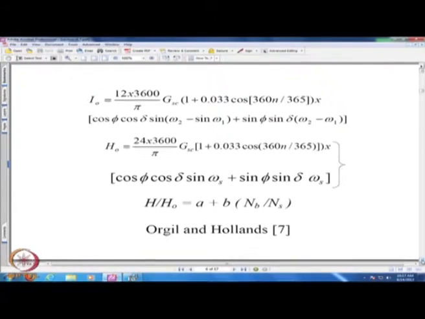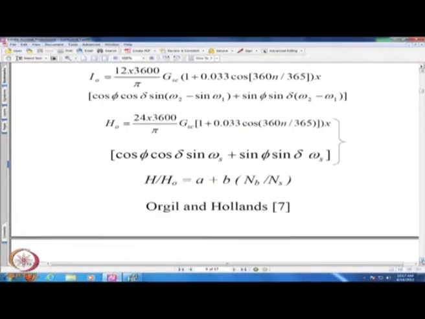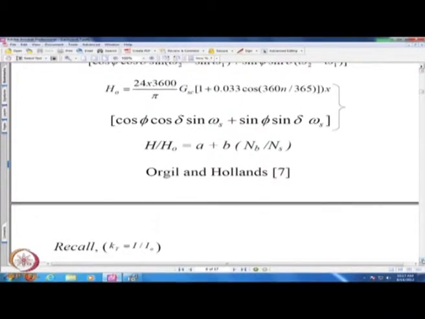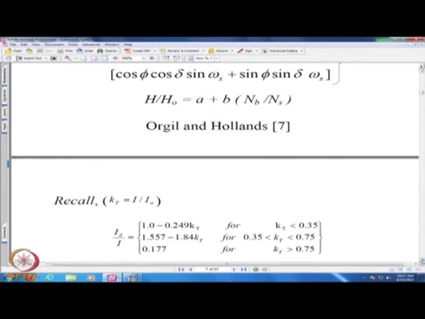The N B, the bright number of sunshine hours, is measured by what we discussed in detail, the sunshine recorder, along with other instruments for solar radiation measurements. Then, in order to fill certain missing information or data that is not recorded, several correlations have been proposed, which in retrospect may be called synthetic data generation.